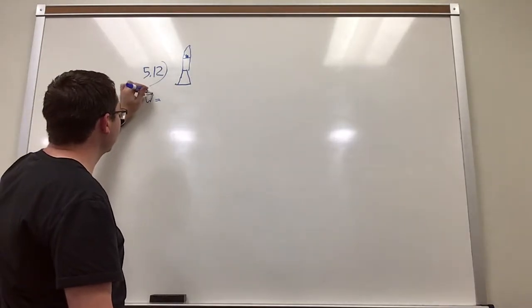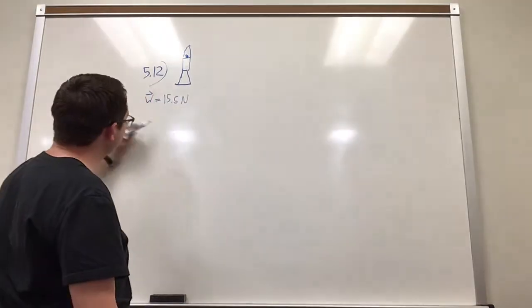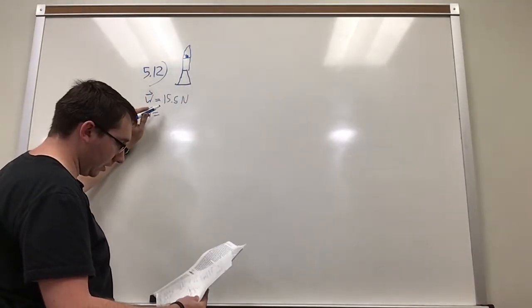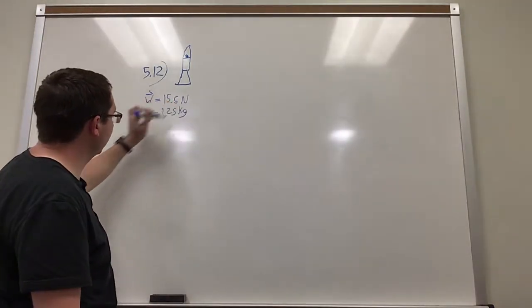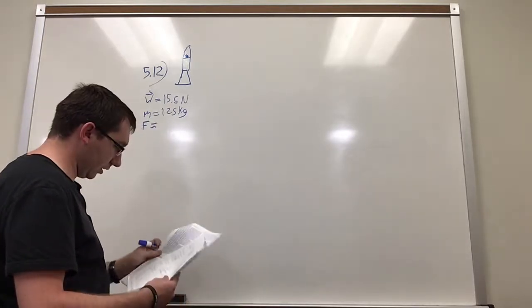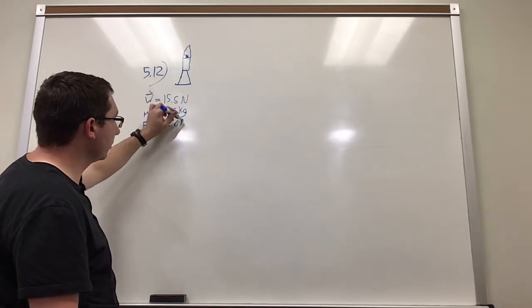So the weight of the box is 15.5 newtons. The mass of the rocket is 125 kilograms. And the force from the engines is 1,720 newtons.